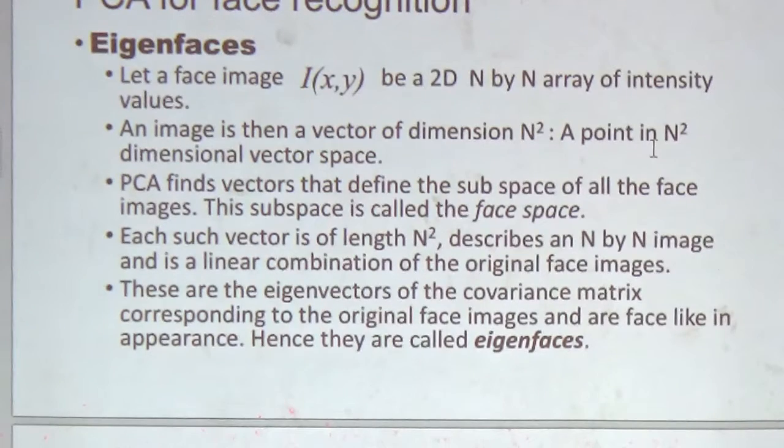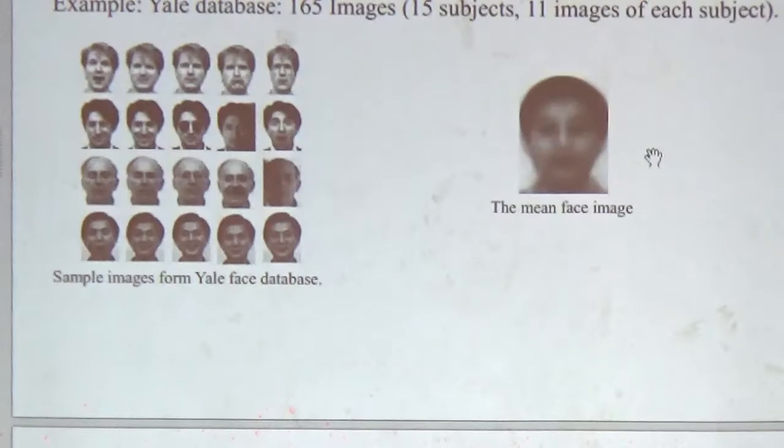The important idea here is that I will write each data point, that is each face, as a linear combination of faces which are called eigenfaces. Let me show you what an eigenface is. These are eigenvectors of the covariance matrix, and you will see that those eigenvectors turn out to look like faces. That's why they are called eigenfaces.